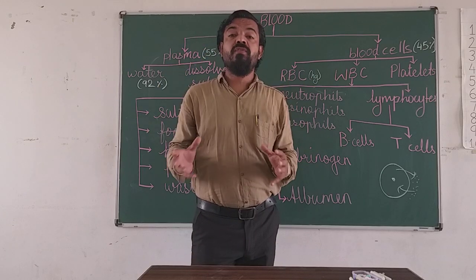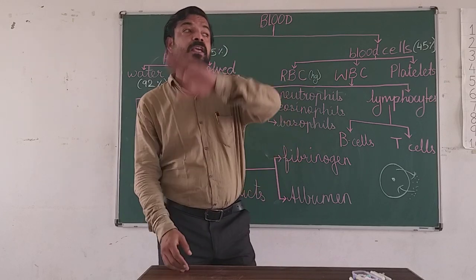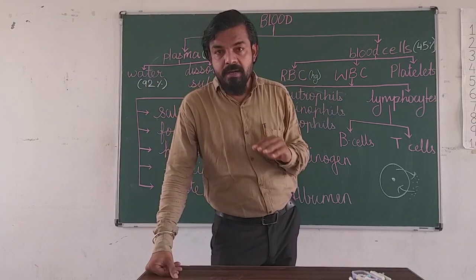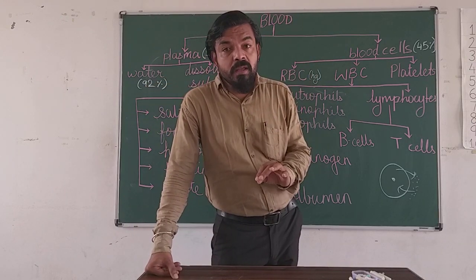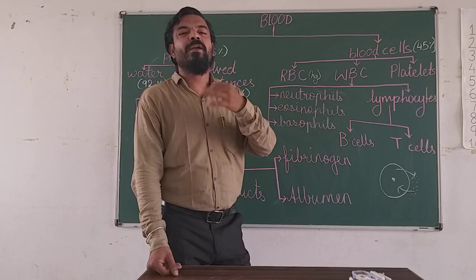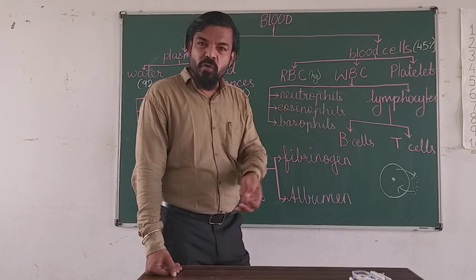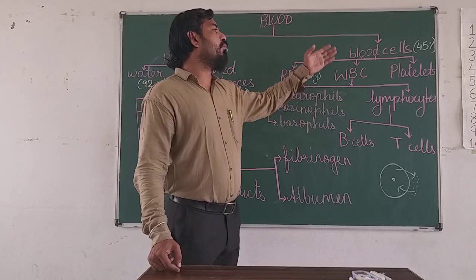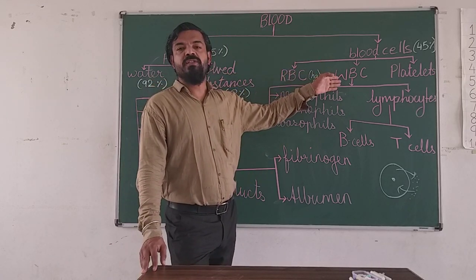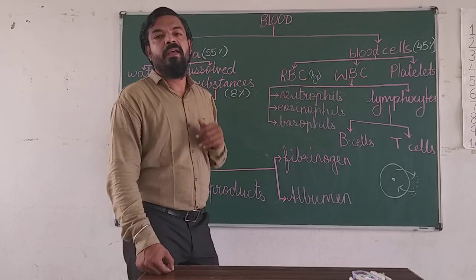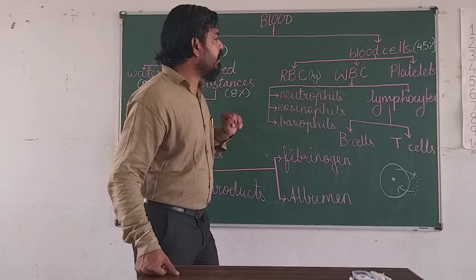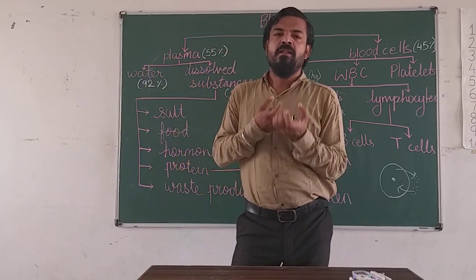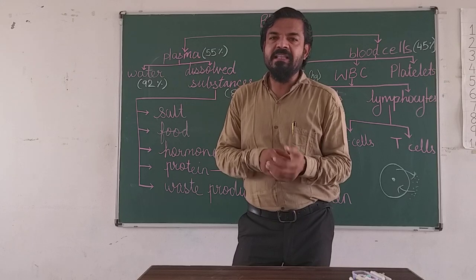Because it helps to fight against the organisms that come into your body, such as microorganisms, infectious organisms, or any kind of virus attack. The WBC develops antibodies against them. So you can say this is the army of the body. Whenever anything comes into your body, the army is ready to fight.